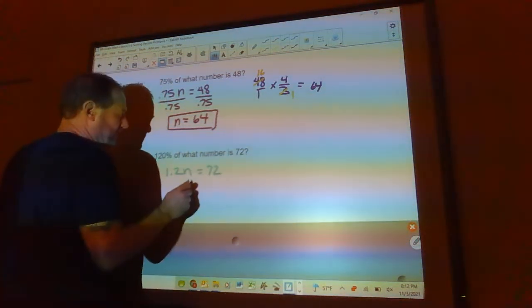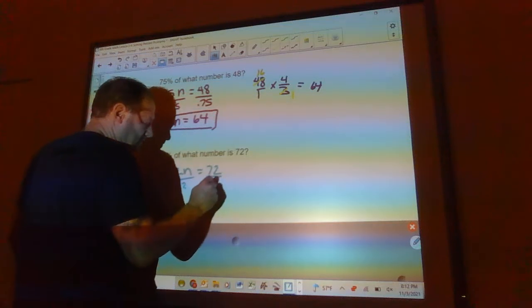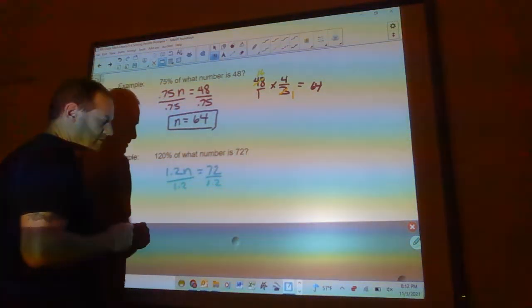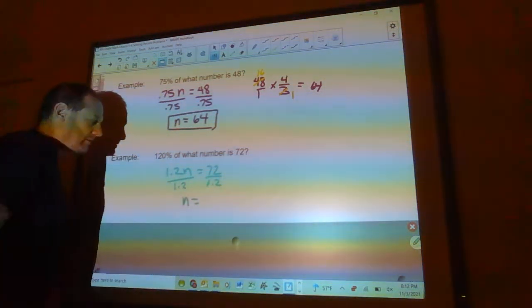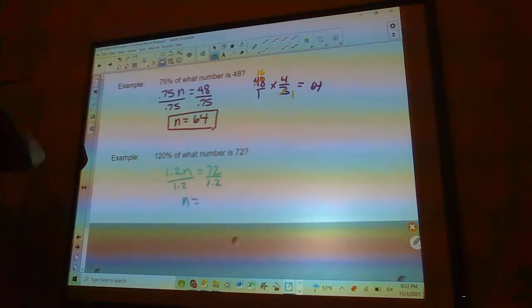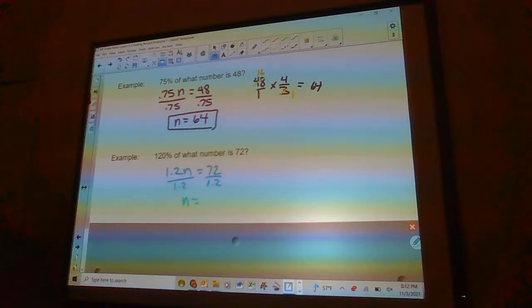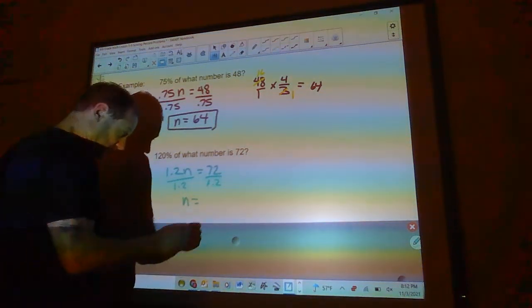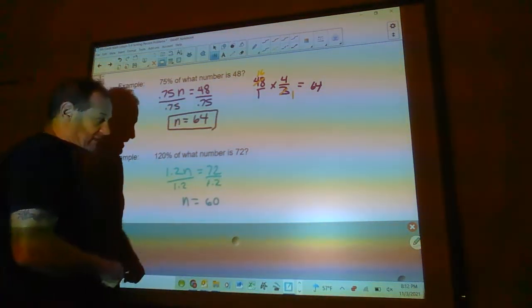So now I'm going to go ahead and divide both sides by 1.2. Okay, I know that 12 goes into 72 6 times. So 1.2 should go in there 60 times.